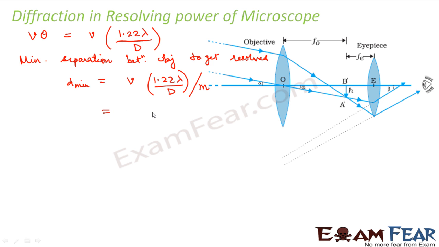So this comes out to be 1.22 lambda divided by D into F, where F is the focal length. Why F? Because magnification is nothing but size of image V divided by size of object. So in this case, the object is lying at the focal length, which is F. So therefore it is 1.22 lambda by D into F.